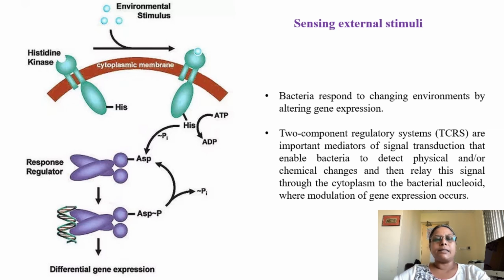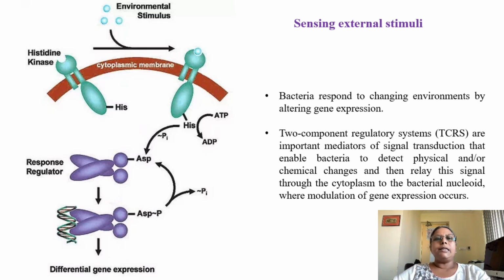Upon sensing an external stimulus, the histidine kinase undergoes autophosphorylation, transferring the phosphate group to the response regulator, and this response regulator binds DNA, triggers downstream signaling processes and triggers differential gene expression in the cell.